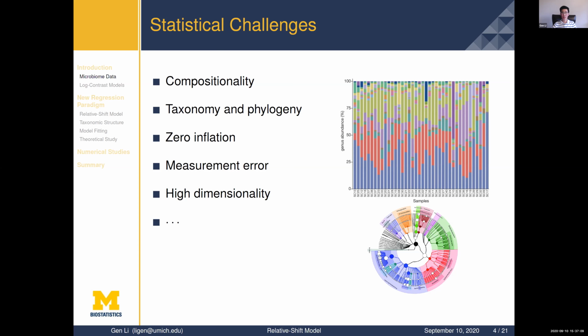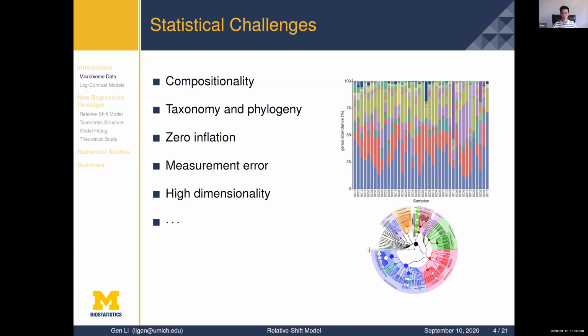Also, the data is typically inflated with zeros. Some zeros are structural zeros, meaning certain microbes are really absent in the sample, while some other zeros are basically due to the sampling error.